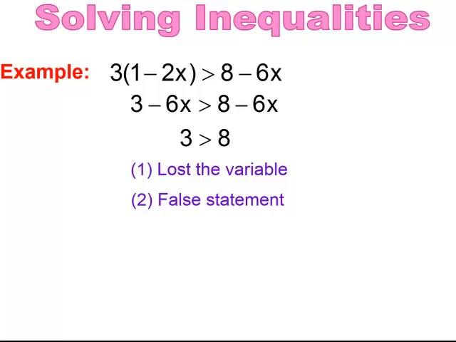So when you get the variables gone and you get a statement that's false, there will be no solution, or it's going to be the empty set, which is that symbol. So if the variables go away and the statement is false, there's no solution. So you would either write the empty set or you write no solution, and the graph would be a blank number line because there's no answer for it.